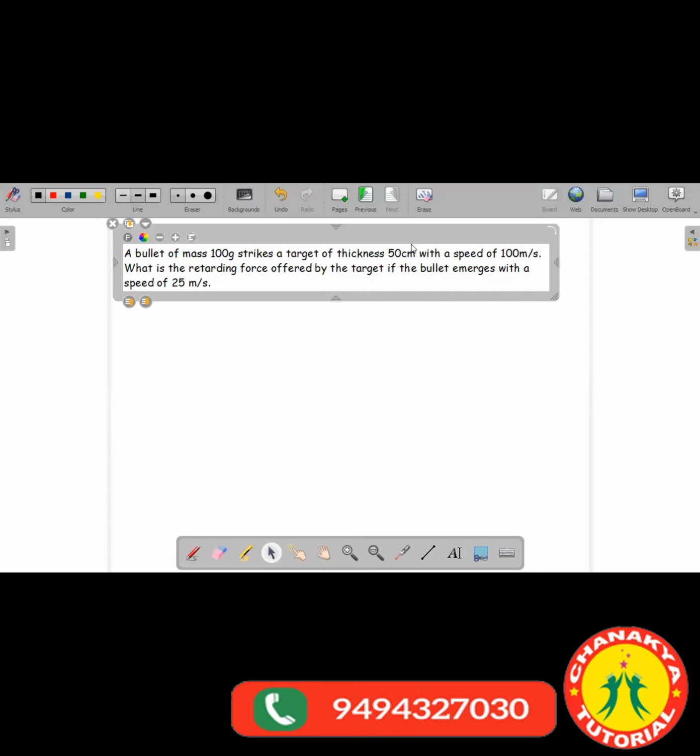So again, a similar thing with a little bit of difference. I think now you should be able to do this question. Apply the same thing. The similar concepts are used here.